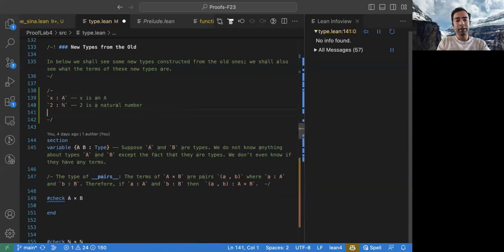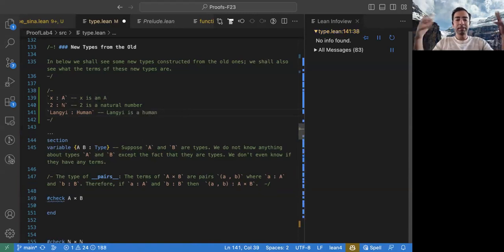So if I wrote, I sacrifice your name, Langi, but this means that there is a type of humankind, let's say, and it has terms or members in it.